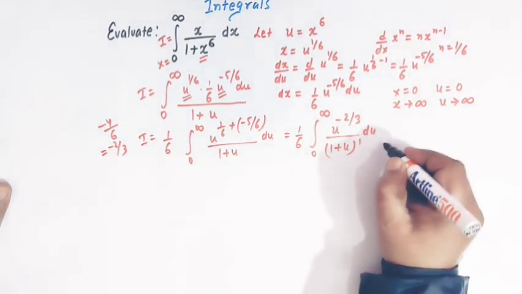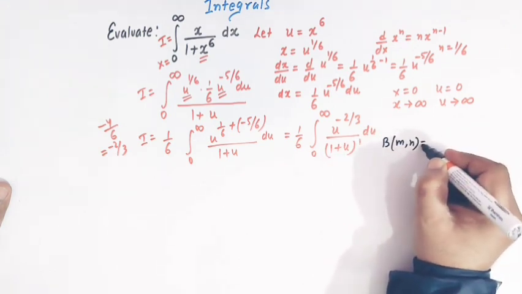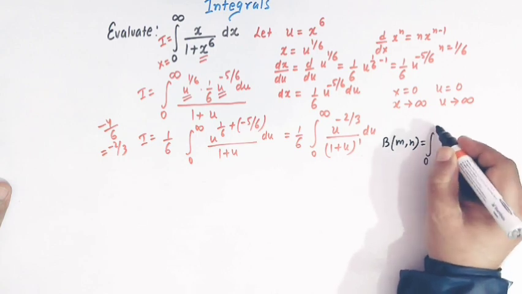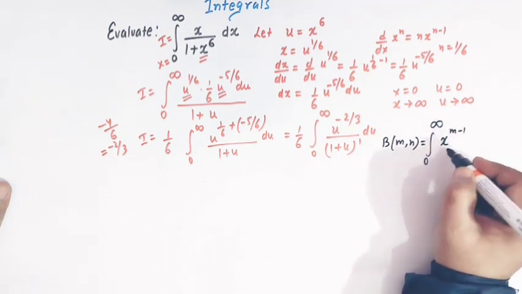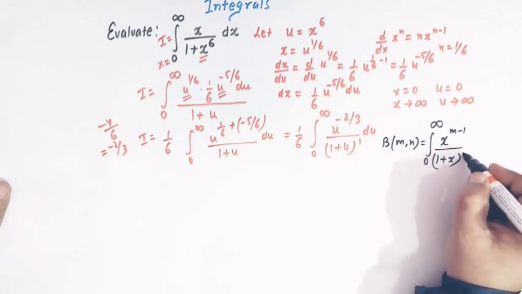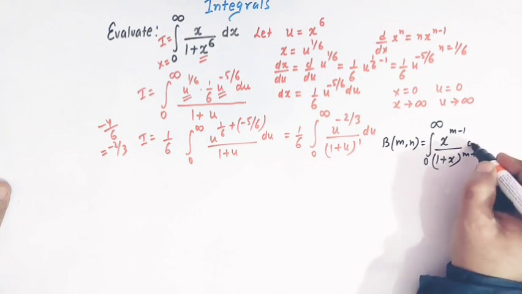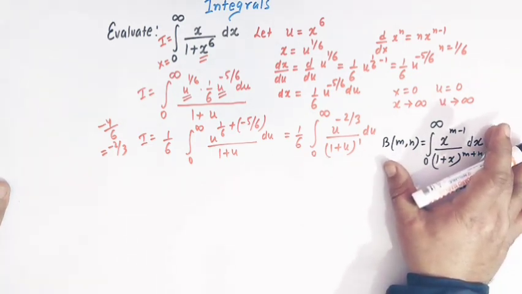So viewers, the beta function is defined like this, that is beta of m, n is given by this integral, 0 to infinity, x raised to m minus 1 divided by 1 plus x raised to m plus n, and here we have dx. So this is another form of beta function.